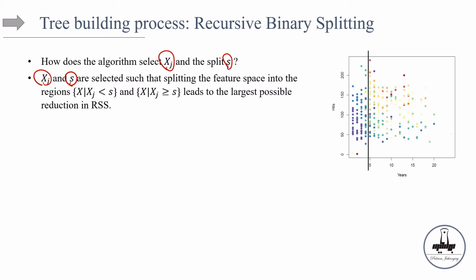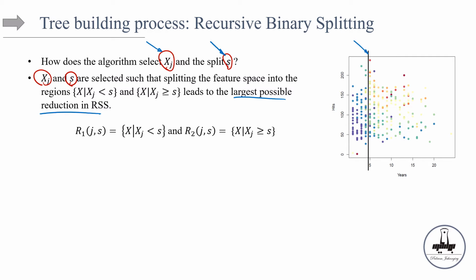So this is what we discussed in the previous slide. We are going to find these two parameters, Xj, what feature to start with, and where to put the split, by looking at which cutoff, which split, is going to reduce the RSS most, right? So here, let's say for the first cutoff, we have 2 regions, region 1, region 2.